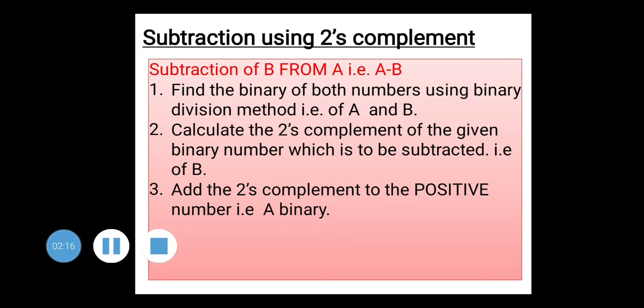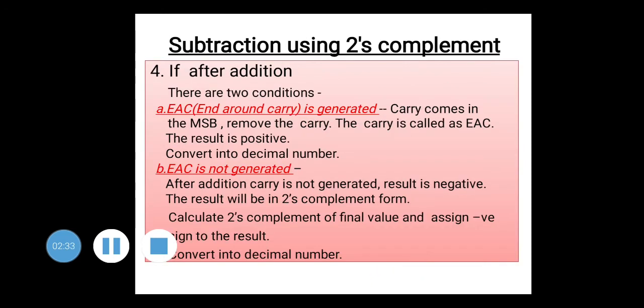B here has a negative sign with it, therefore you find the 2's complement of B only, not A. After getting the 2's complement, add the binary of A and the 2's complement of B. After addition, there are two conditions you check. The first condition is, after addition, if a carry is generated in the MSB position, that carry is called the end around carry, as in the 1's complement method.